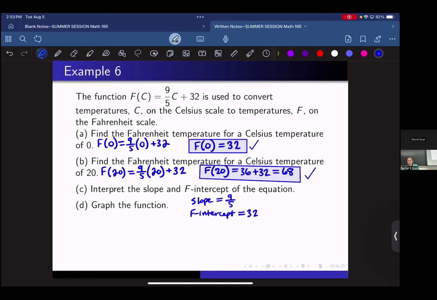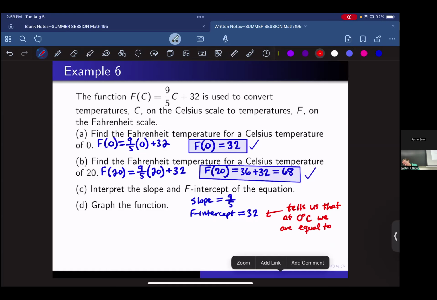And so to interpret this, the F-intercept tells us that at 0 degrees Celsius, we are equal to 32 degrees Fahrenheit.